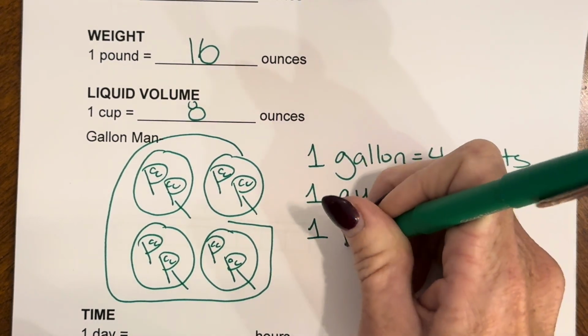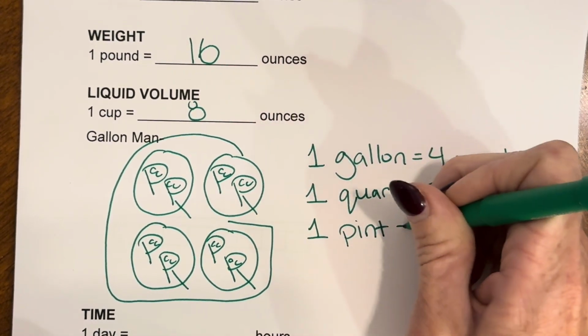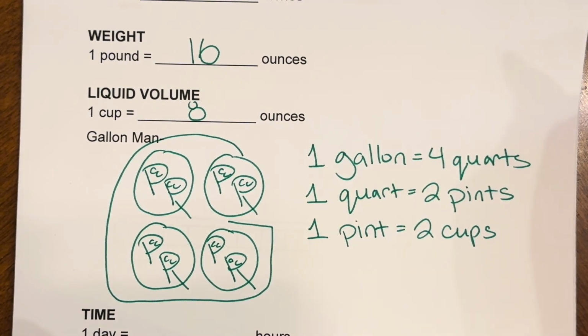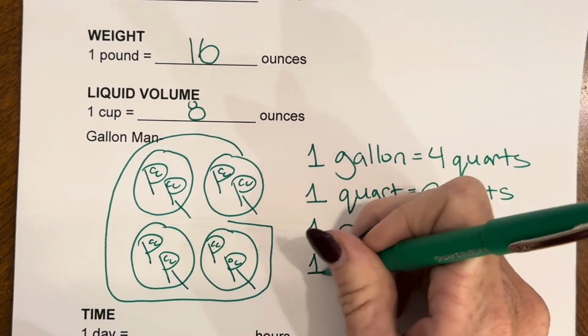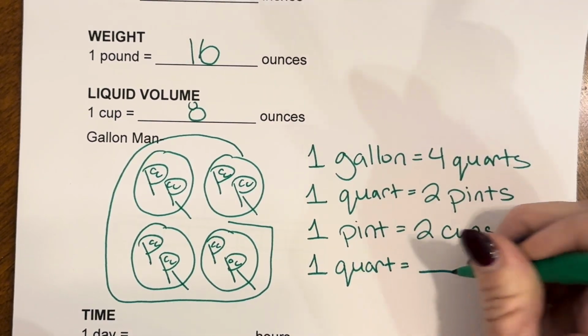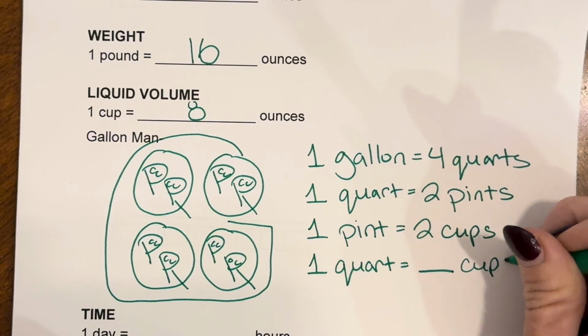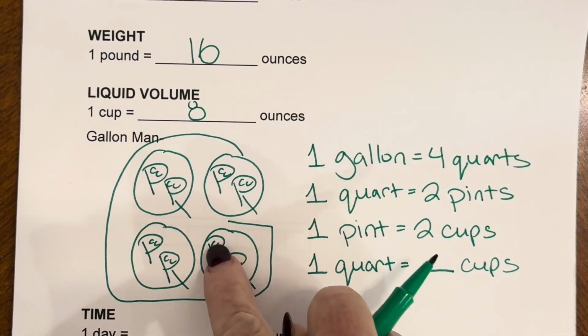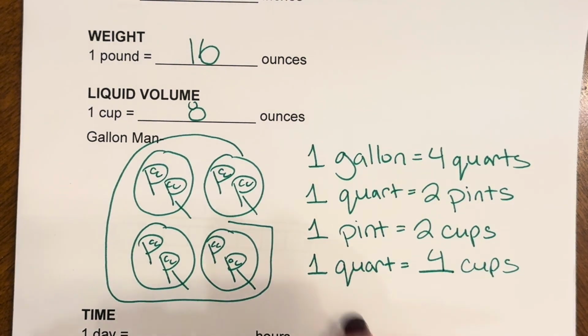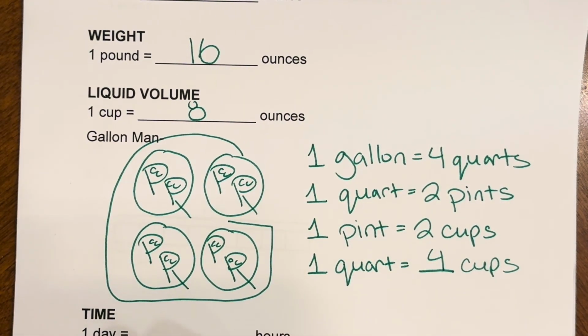I could say that 1 pint equals 2 cups. I could even say that 1 quart equals blank cups. Well, if I look at 1 quart, how many cups are inside of it? 1, 2, 3, 4.